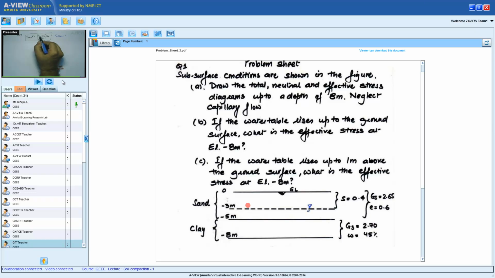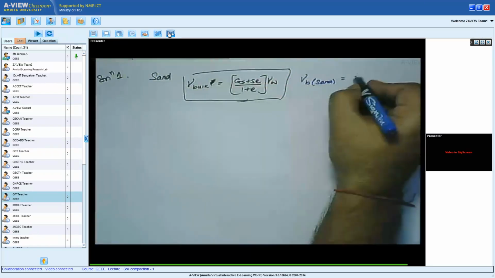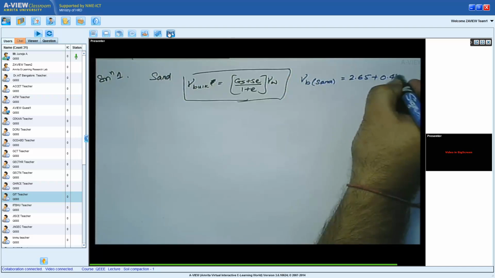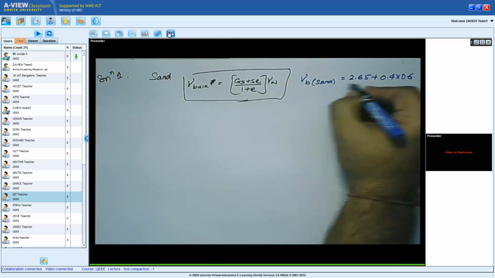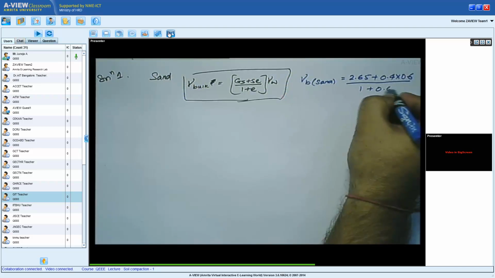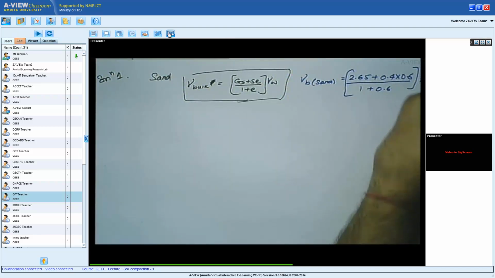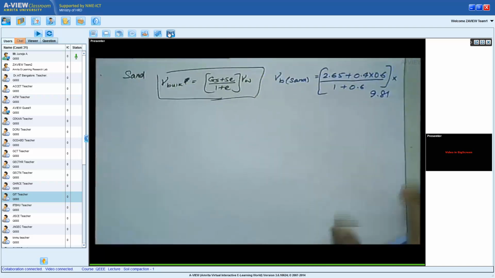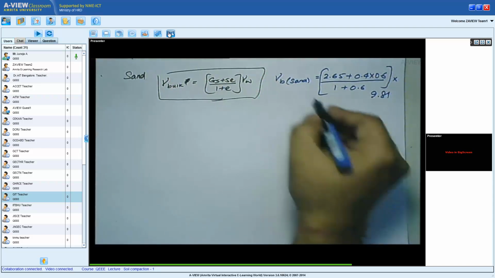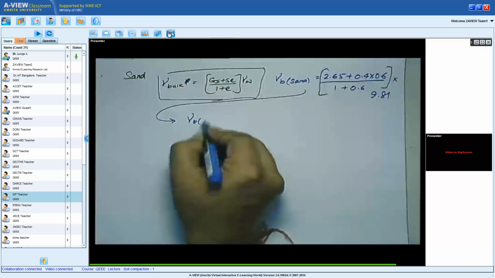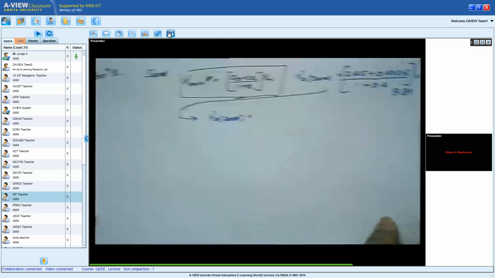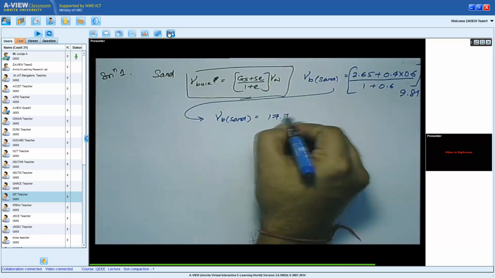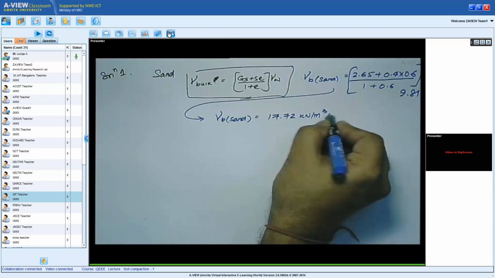GS for sand is 2.65, so 2.65 plus S times E, where S is 0.4 and void ratio is 0.6, all divided by 1 plus 0.6, multiplied by 9.81. Apologize if it has gone outside the screen. So that is my gamma bulk for sand. If I plug in the numbers, I get 17.72 kilonewton per meter cube.